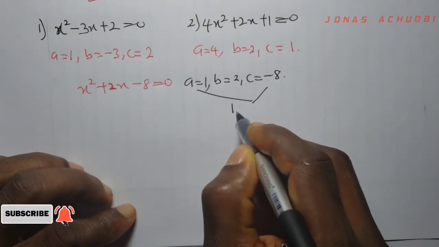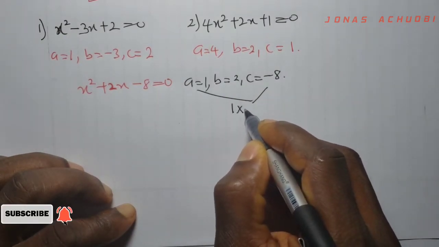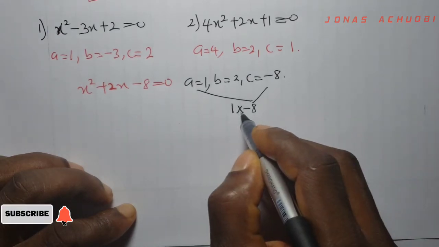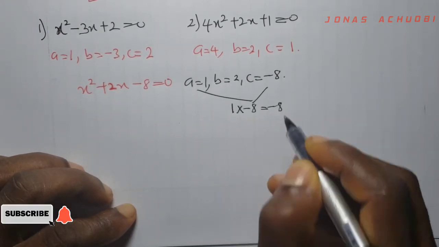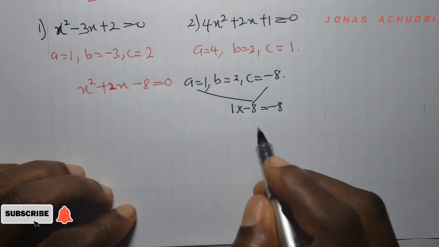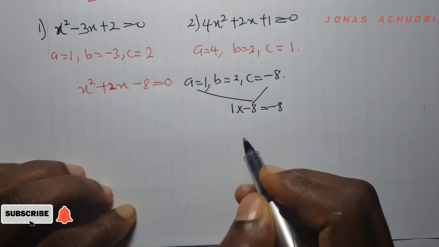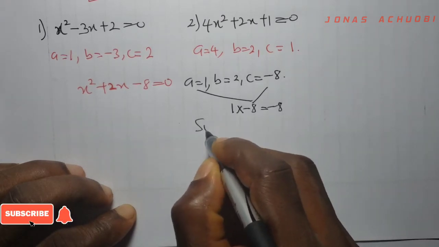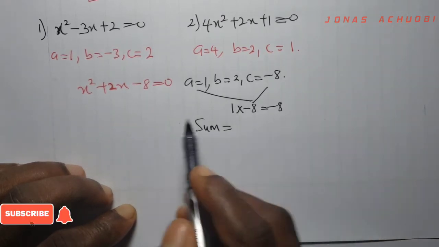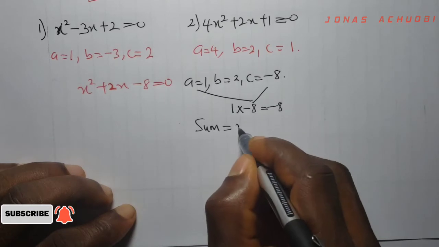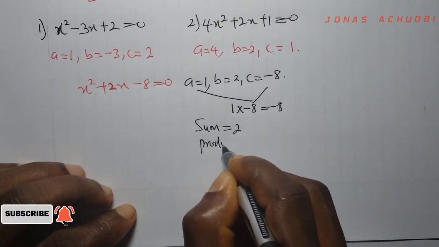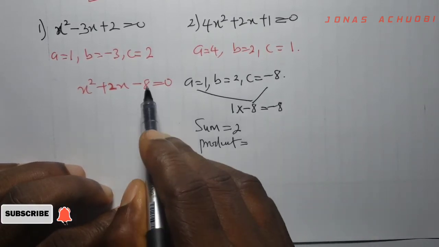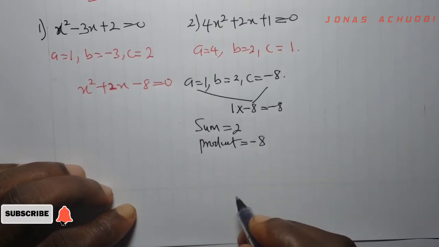So a is 1, multiplied by c, which is minus 8, so that 1 times minus 8 is equal to minus 8. The next step is to look for two numbers such that the sum of these two numbers will be the middle term 2, and the product of the same two numbers will be the term minus 8.